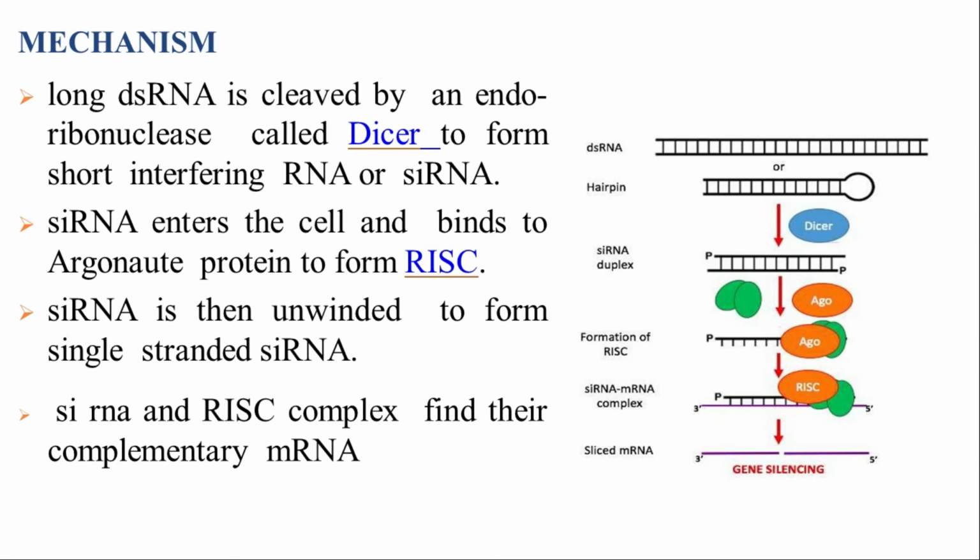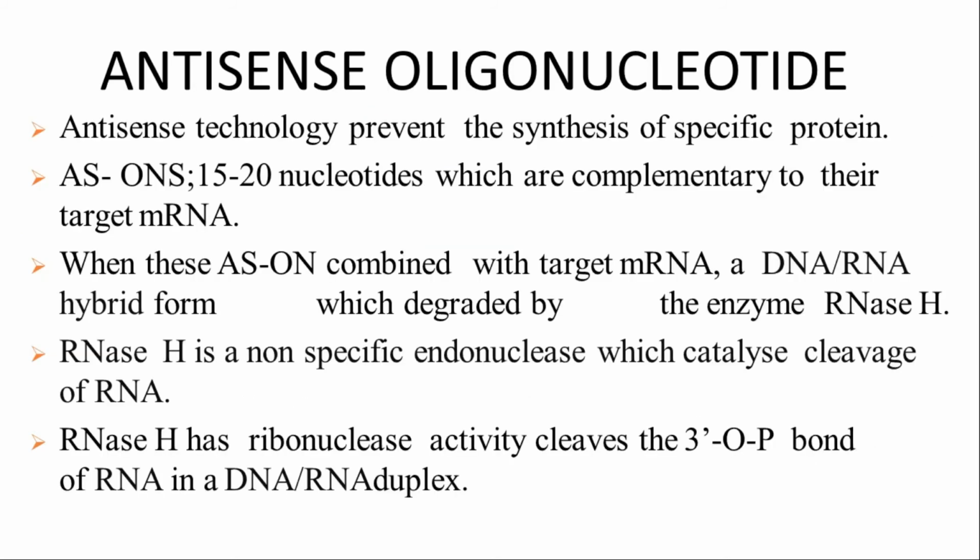Here the siRNA mRNA complex is produced, and after slicing, this is the sliced mRNA that is obtained. siRNA and RISC complex find their complementary mRNA. So by watching this diagram you can understand the process of siRNA.